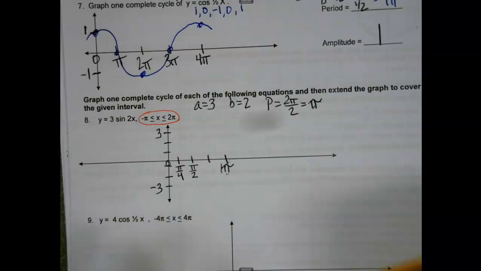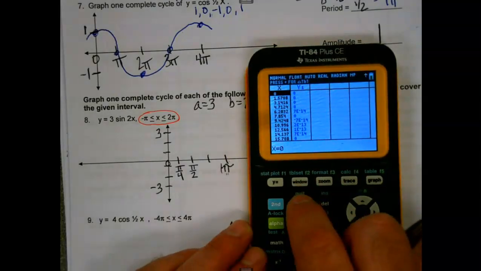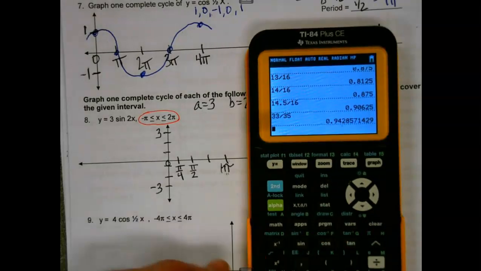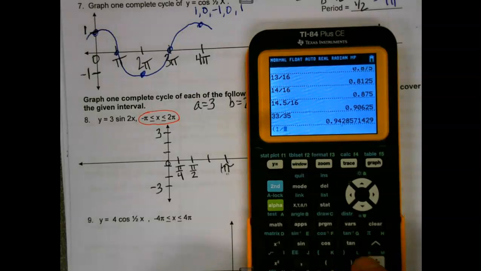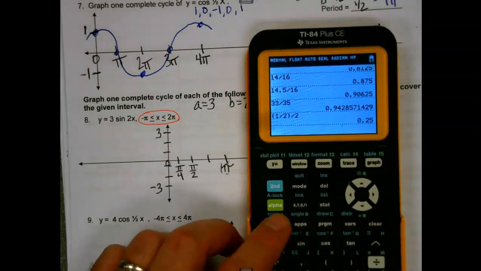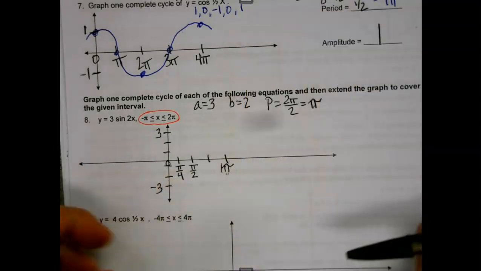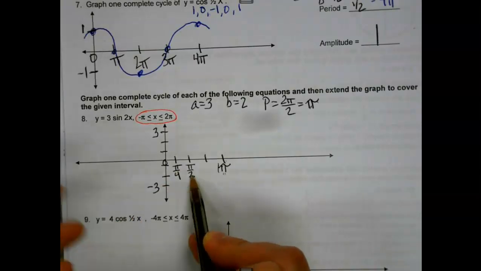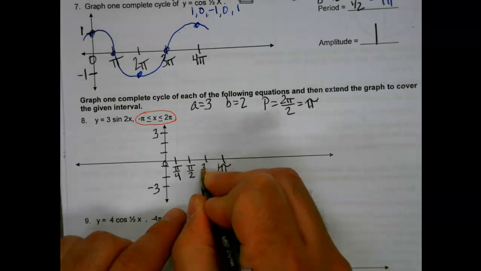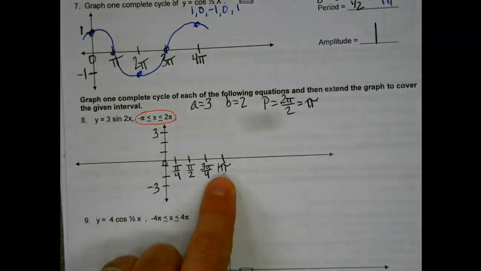Now again, if you struggle with that, just do 1/2 divided by 2, and you get 1 over 4, so it's pi over 4. If you need a little help, that's okay. 1 pi over 4, 2 pi over 4, pi over 2, 3 pi over 4, 4 pi over 4, or 1.